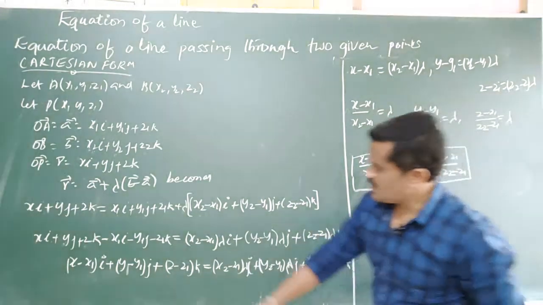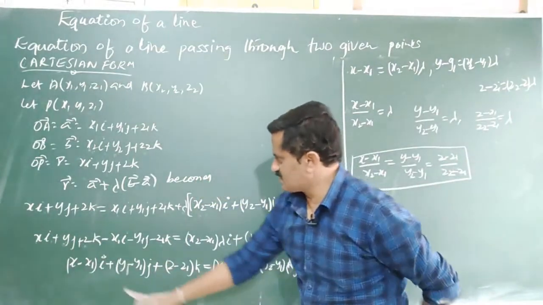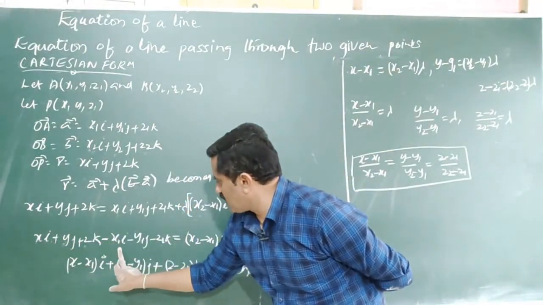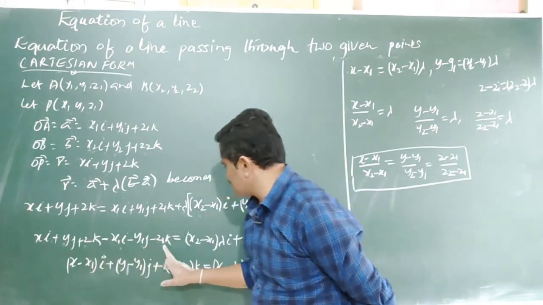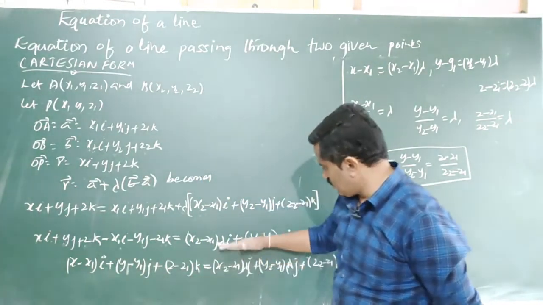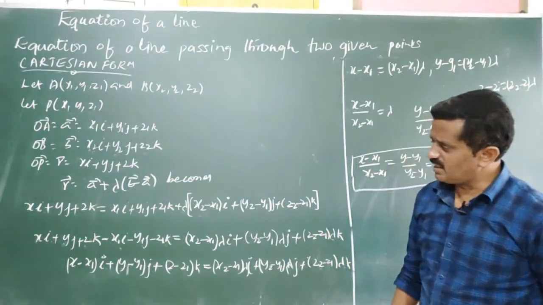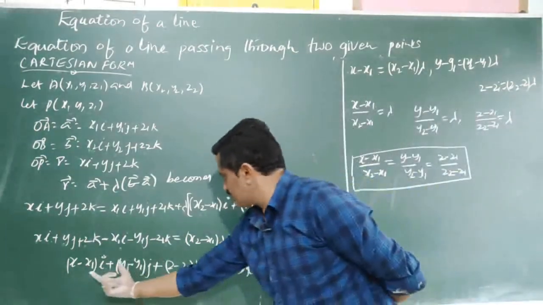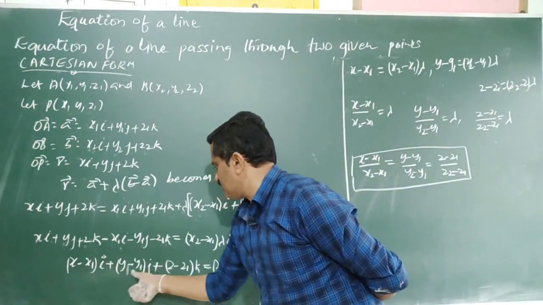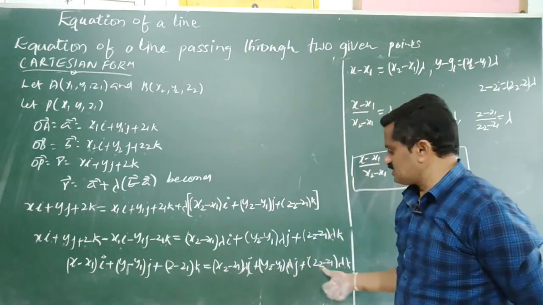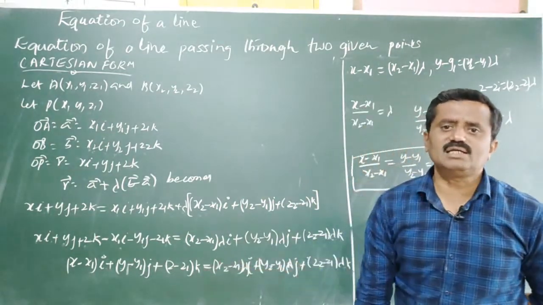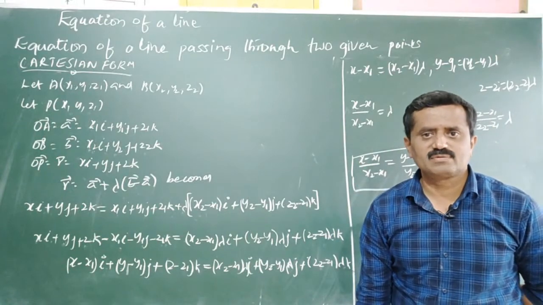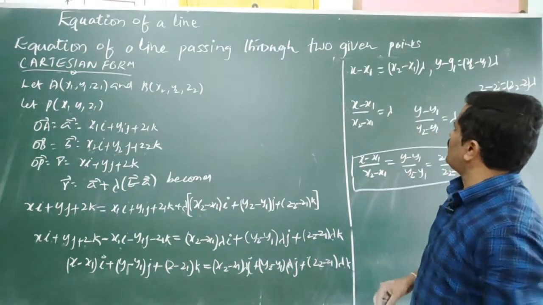So now the subtraction of these two vectors, that is x minus x1 of i, y minus y1 of j, z minus z1 of k, is equal to the same as it is. So now compare this. Here two vectors are equal, then it means their corresponding components must be the same, equating the corresponding components.